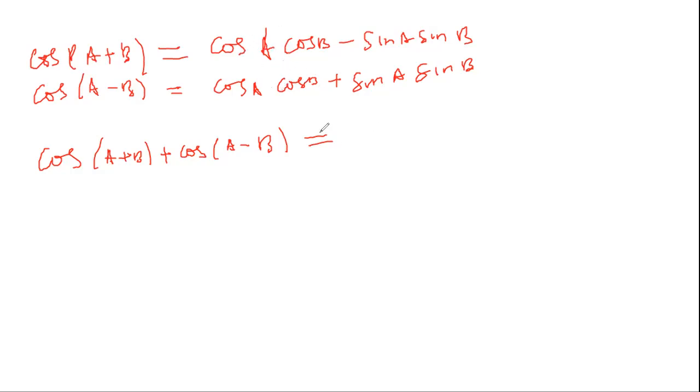So when we add the two, we shall get cos A cos B minus sin A sin B. Then we add the second one, cos A cos B plus sin A sin B. So we note that this and this will cancel out.